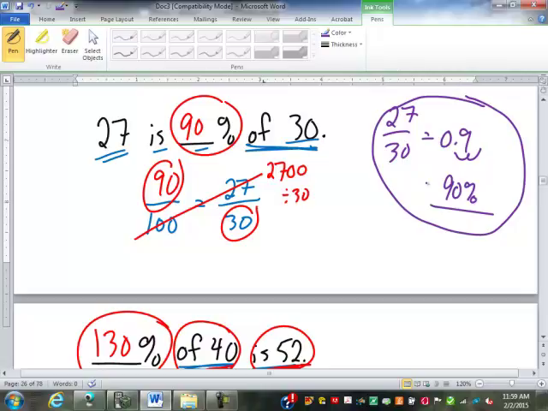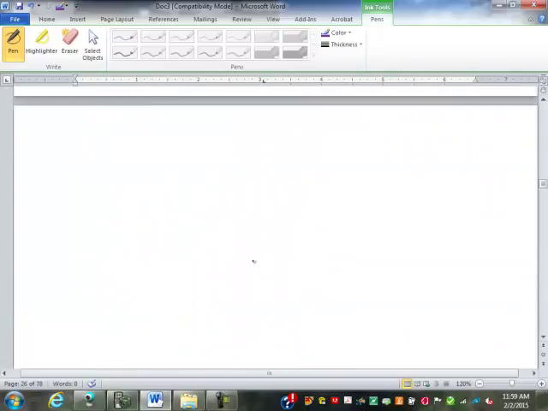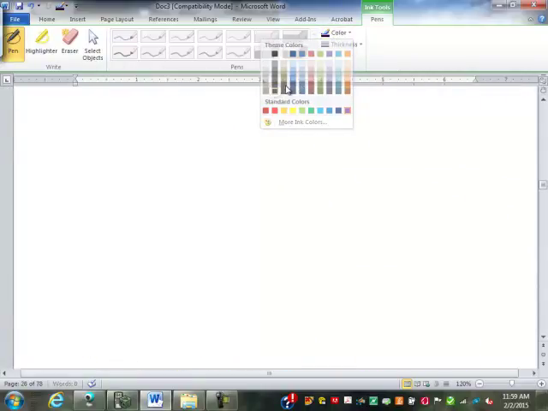And when you're doing some applications like interest, or commissions and things like that, using the rate method is actually often quicker and easier. But for the most part, I like using this proportion just because people make a lot less mistakes with it. In fact, when we get into word problems, it actually makes things easier.